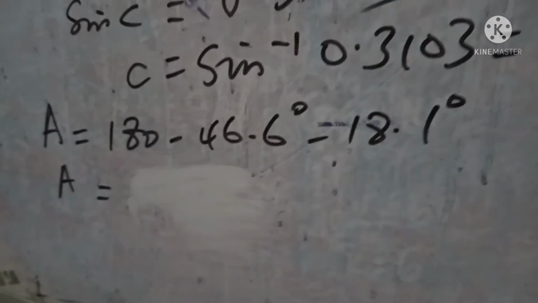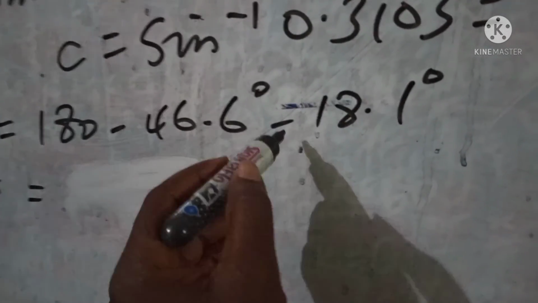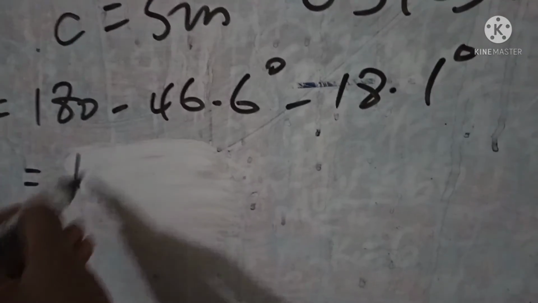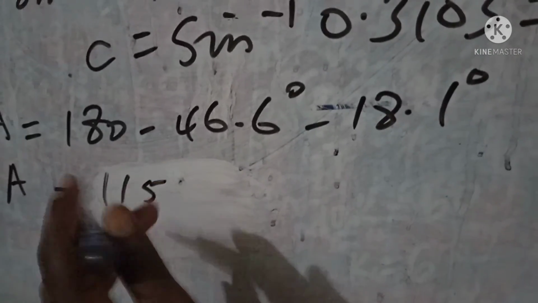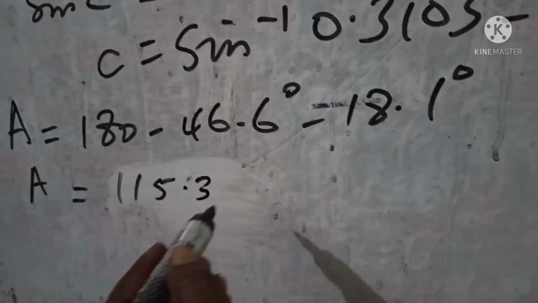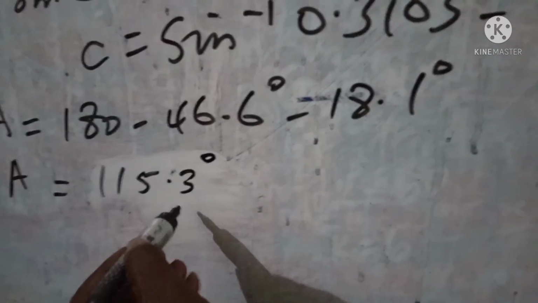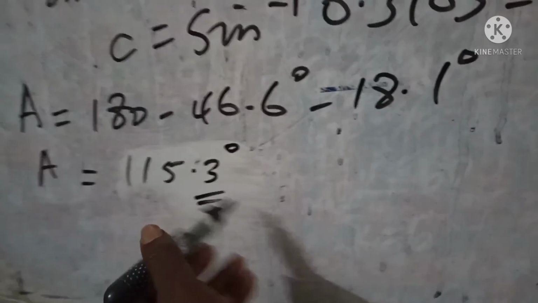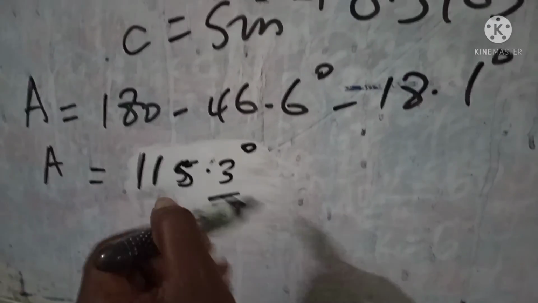It will give us what? 180 minus 46.6 minus 18.1 will give us 115 point what? 0.32. That's 0.3 degrees. So you have to be sure we are dealing with one decimal place. So 115.3.